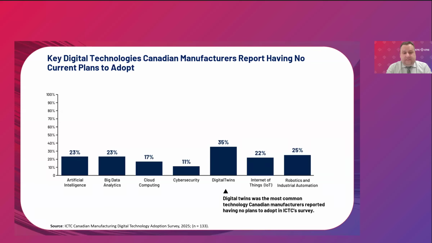What's more, even basic digital infrastructure, the technologies you would need to implement to get the most out of these more advanced applications such as AI or digital twins, things like big data, cloud computing, and Internet of Things, still has significant numbers of manufacturers with no interest in adopting. Most of them do have some interest or plans to adopt in the future, which is very encouraging. Things that Canadian manufacturers adopt at high rates are cybersecurity programs and cloud computing, where, from an international perspective, we're pretty comparable to other advanced economies.